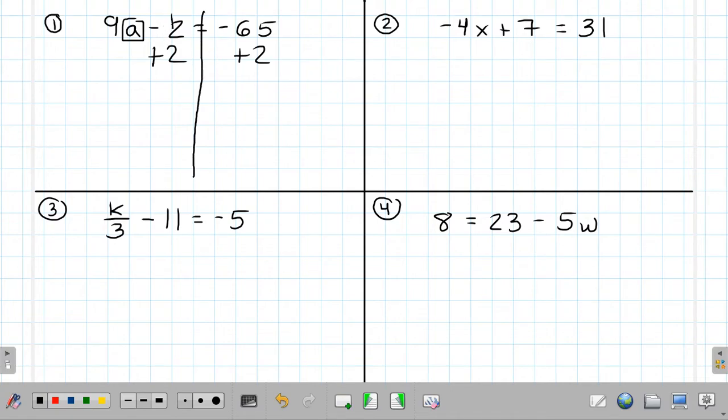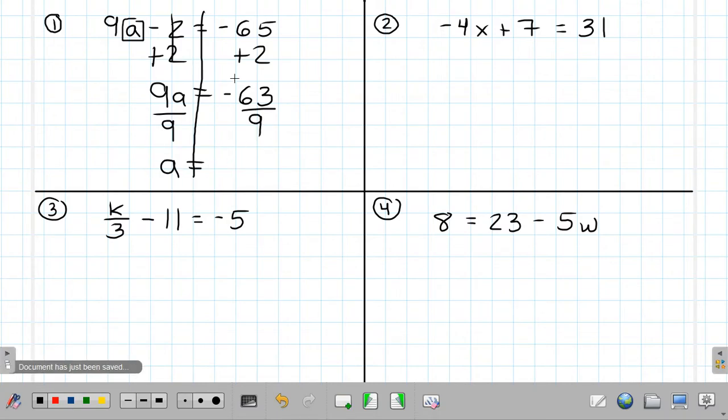Okay, get rid of the 2's here, so we get 9a is equal to, this is, once again, where people get into some trouble with some negatives, but that should be negative 63. Okay. And then, if you've paid attention the last couple sections, this actually is now a one-step equation where our one step is to divide by 9. So in this case, we get a is equal to negative 7.